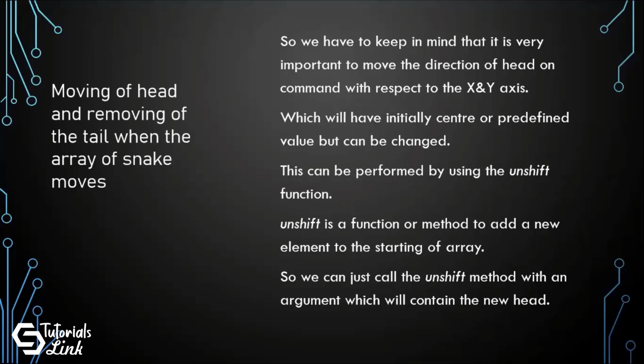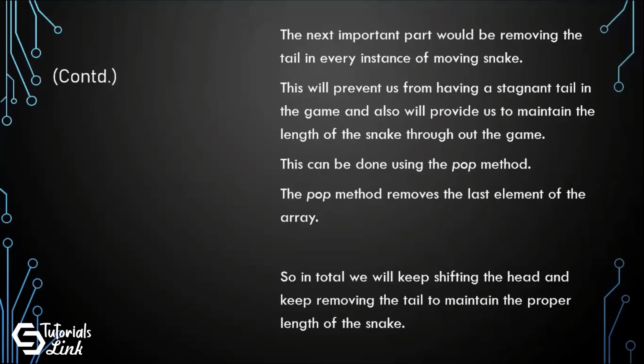The new array will be 5, 1, 2, 3, 4. So we call unshift with the argument containing the new head. Exactly. Next, the important part is removing the tail on every move of the snake. This prevents a stagnant tail in the game and also maintains the length of the snake throughout the game.